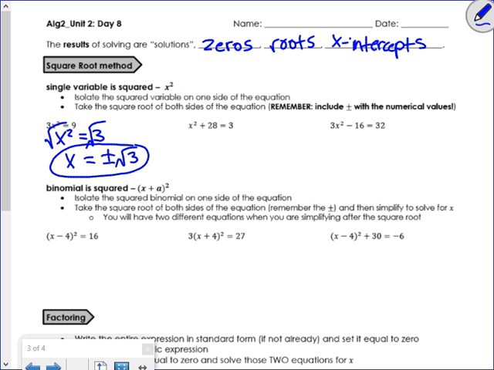Alright, what about this one? You're going to have to subtract, so I would get negative 25. Is the x squared by itself now? Then what? So this becomes x equals plus or minus the square root of negative 25. Can the square root of negative 25 be simplified?